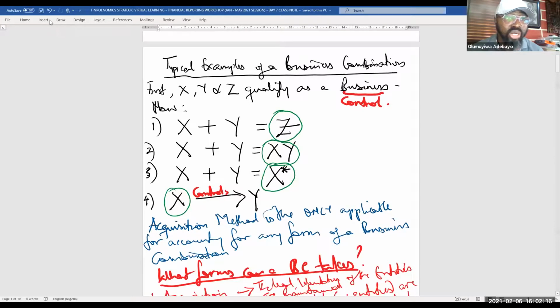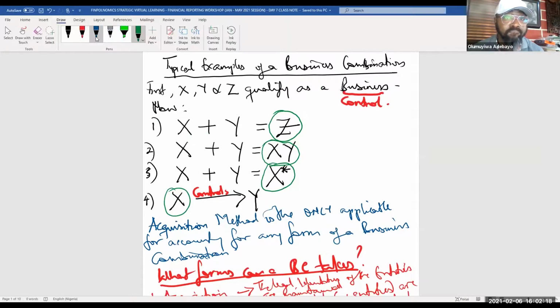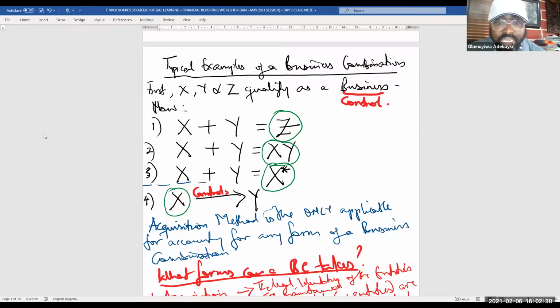Now, I'll drop a line that separates these first 3 from the other one, which is the 4th one. What is common about these 3 that is not here?